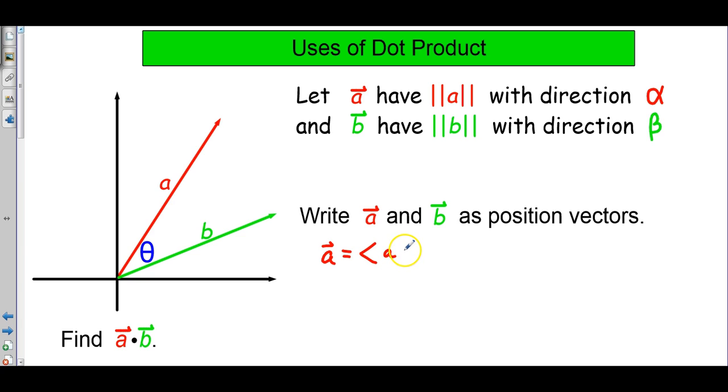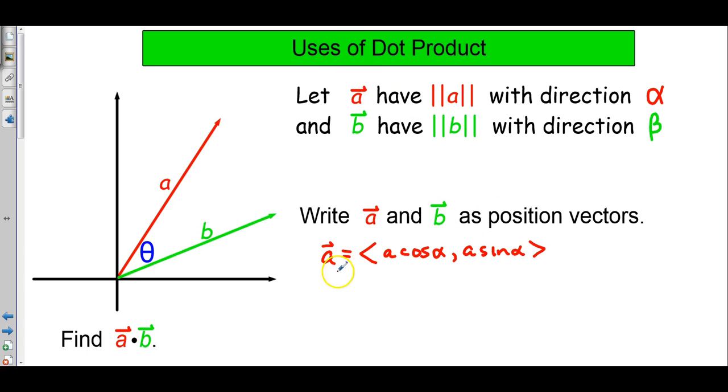And we can write, if we're going to write this as a force vector, we're going to have A times the cosine of whatever the angle of A is, or the direction of A is, and that happens to be alpha. I want the y component. I'm going to write the force vector. This is the magnitude of A times the sine of whatever the direction of A is.